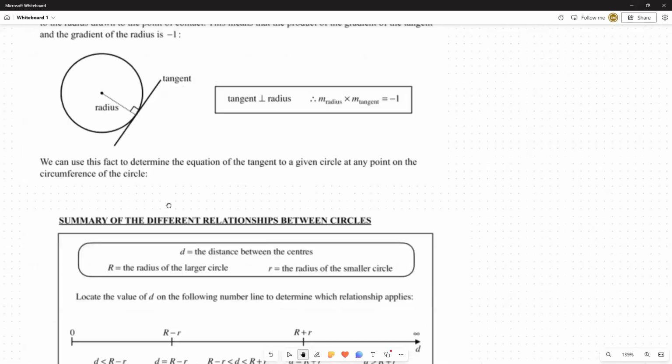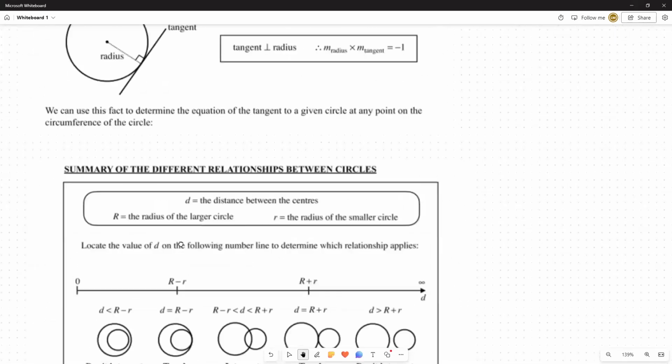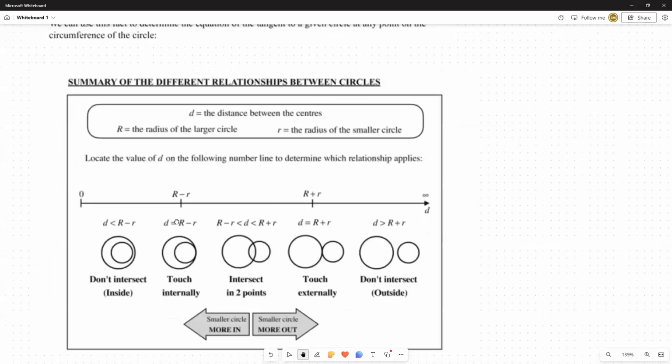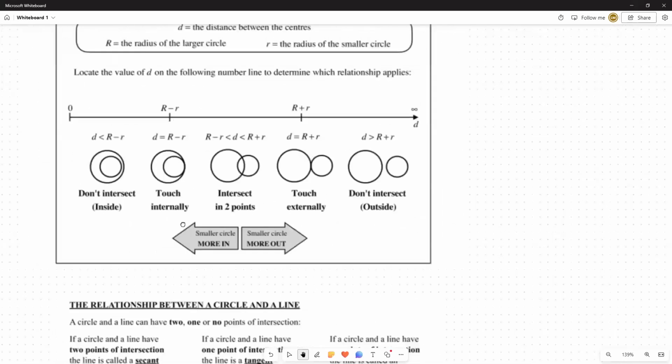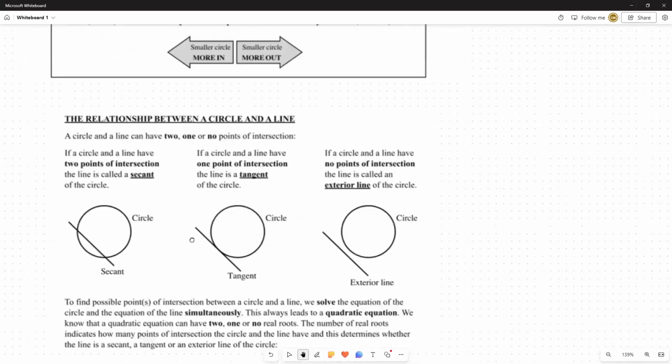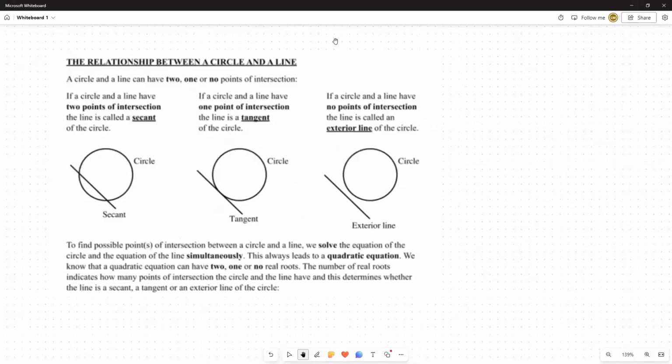Now, other than tangents, we have other lines that are passing through your graph. Let's start with these ones here, other lines that are not tangents, right? We have your secants, and we also have your exterior lines that are not touching.